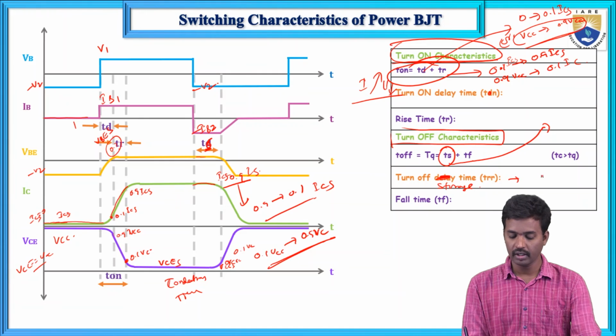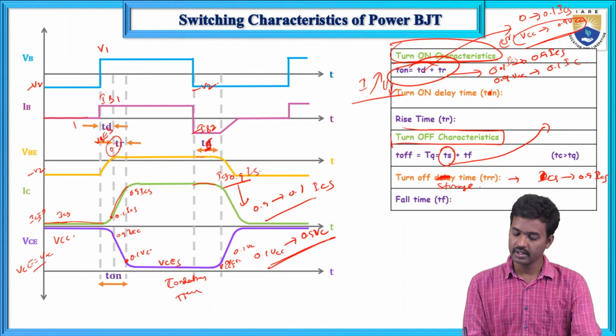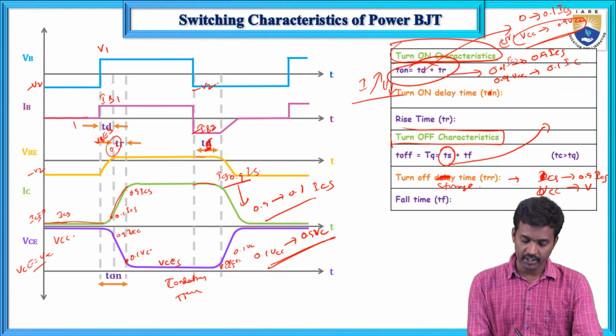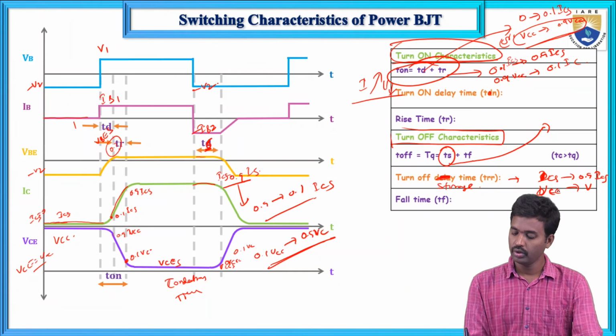Storage time means from 0 to 0.9 ICS, and next, from the saturation voltage VCES to 0.1 VCC. The time required to reach between these two is known as the storage time.